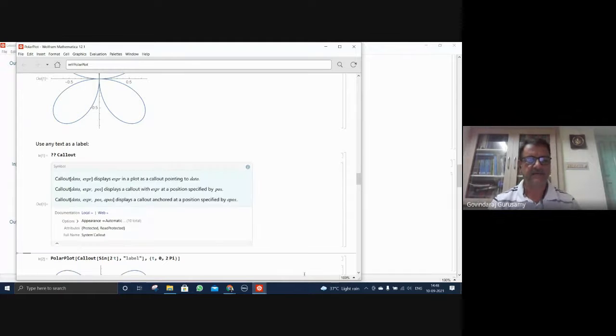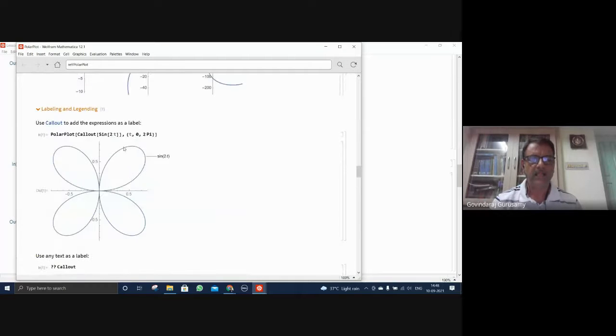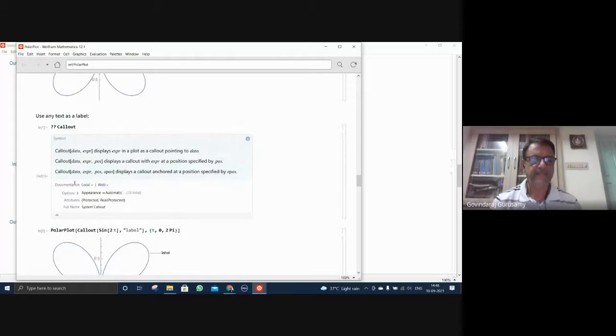Callout: display data in the plot, callout pointing to data. Callout data, expression: display the expression in the plot as a callout pointing to data.